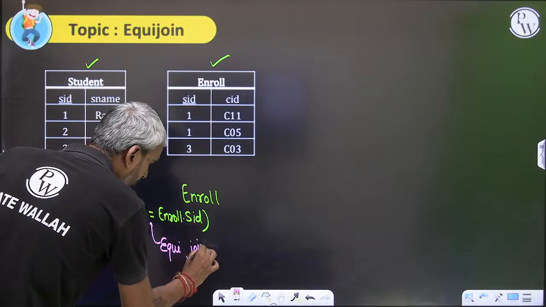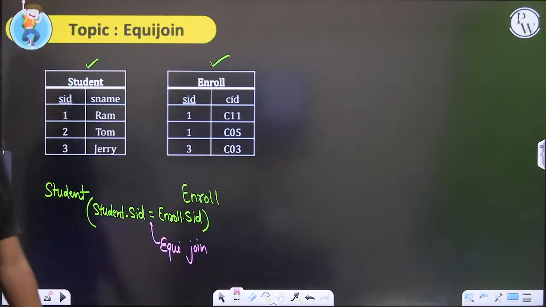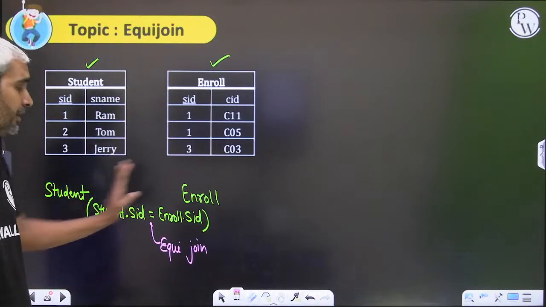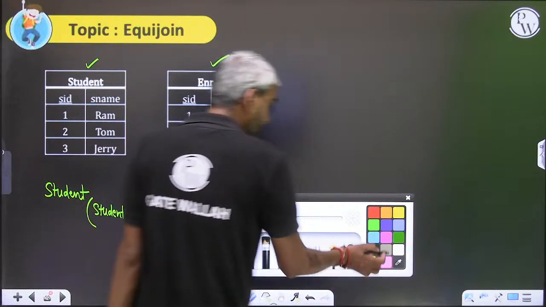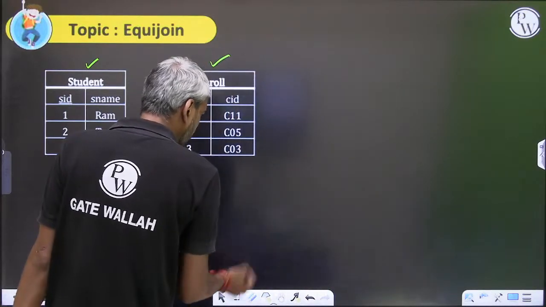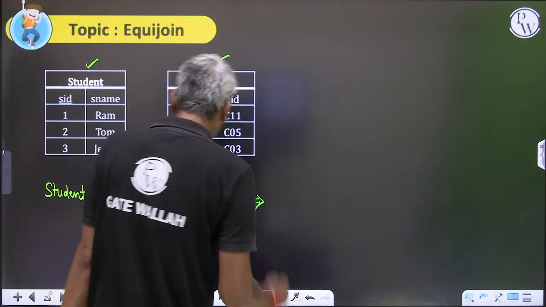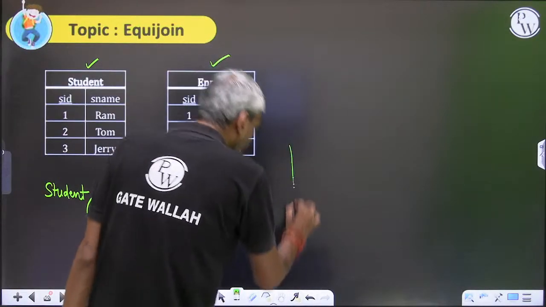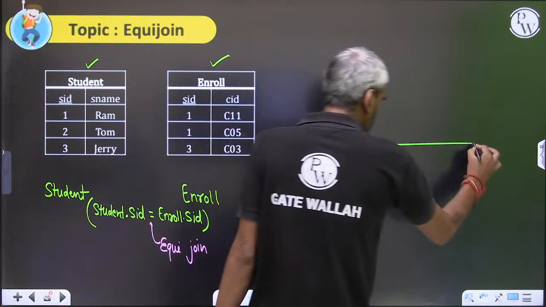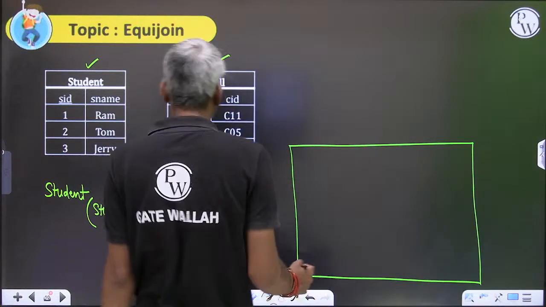But that's what we'll do in the natural join as well. But does it make a natural join? No, sir, because there are some special things associated with the natural join that we are going to understand in a while. So what will happen? Student joined with enroll table will have the same information, not changing too much.